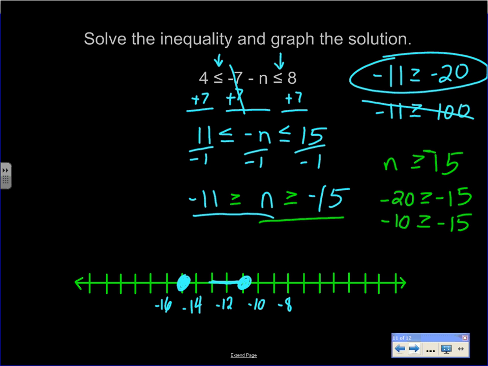Which one is true? Negative 20 is greater than or equal to negative 15, or negative 10 is greater than or equal to negative 15? Negative 10 is greater than or equal to negative 15. So our arrow must point towards negative 10, and we shade between those two points.